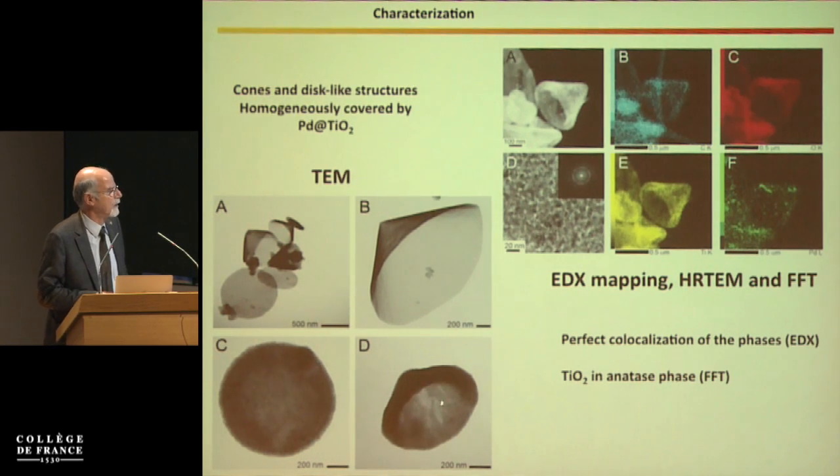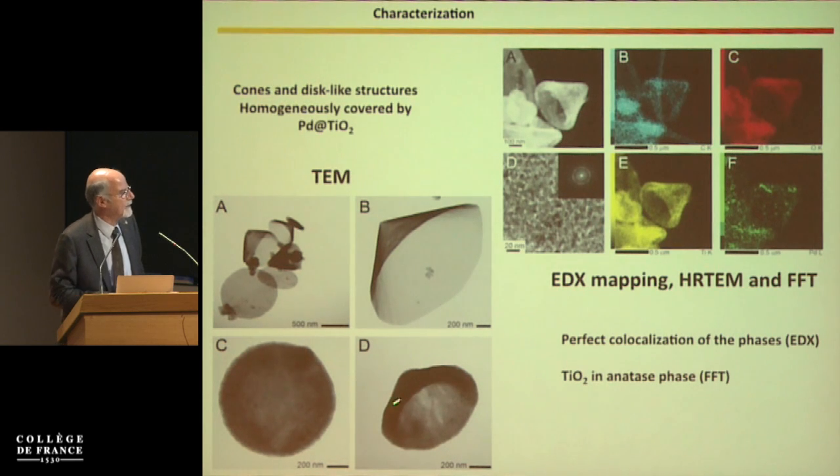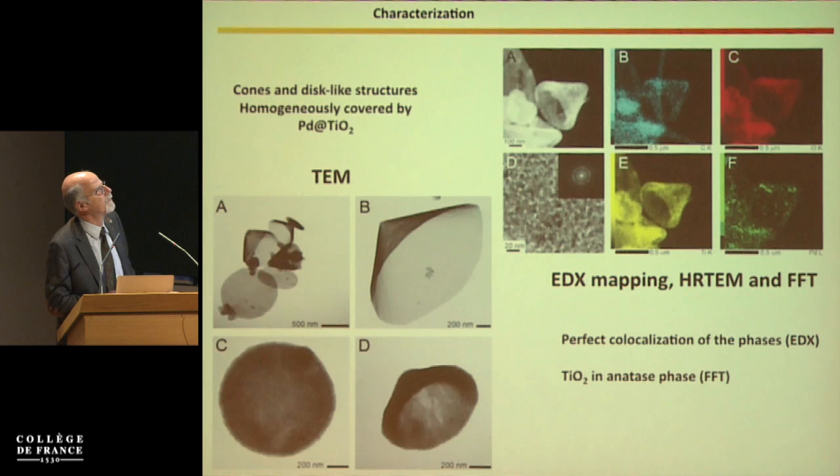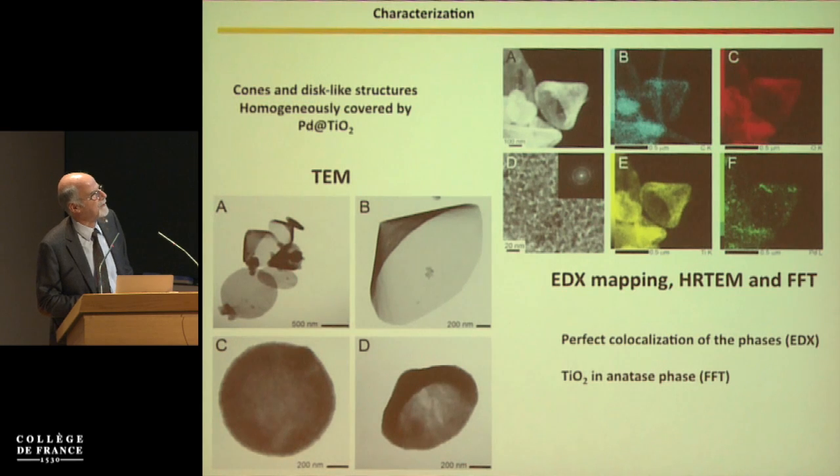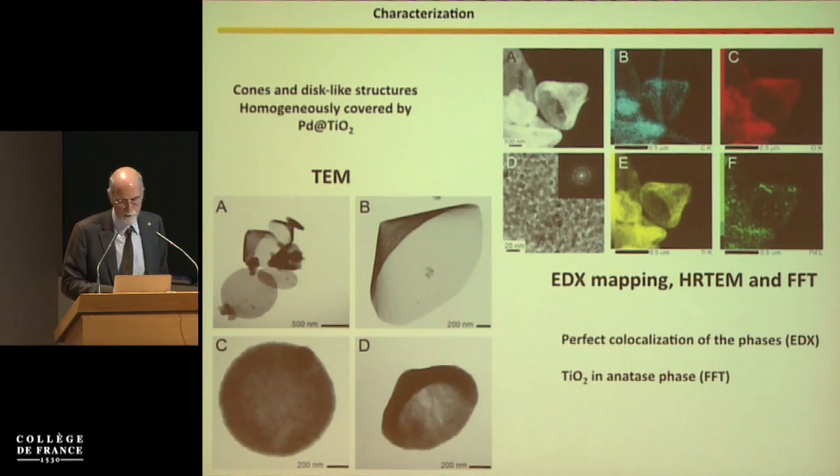We can see the homogeneous distribution of the metal oxide around the carbon nanocones, and in these beautiful TEM images we can see the different elements present: carbon, oxygen, titanium, and even the palladium. We can see the palladium nanoparticles, which are very nicely distributed around the nanocones.